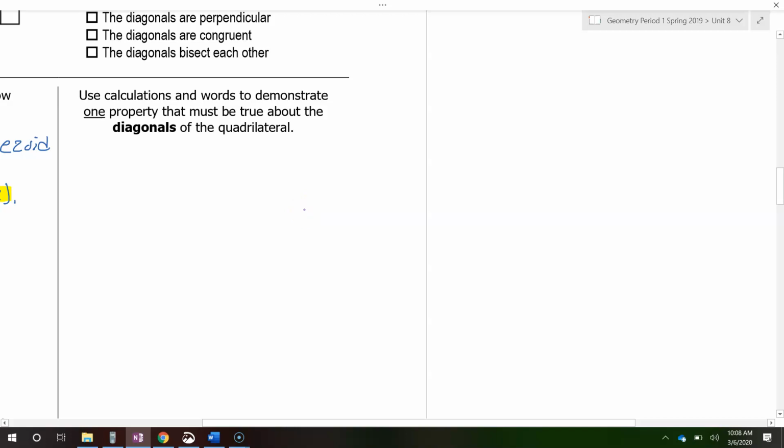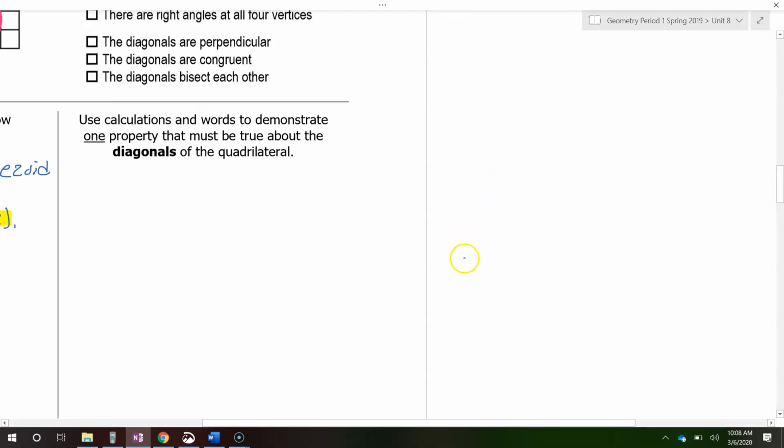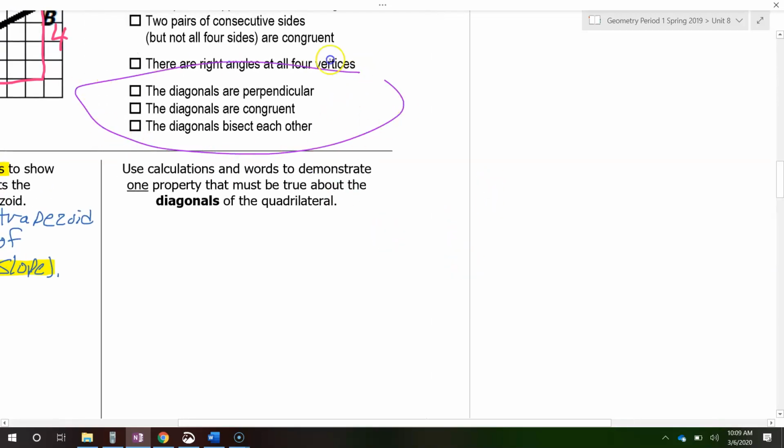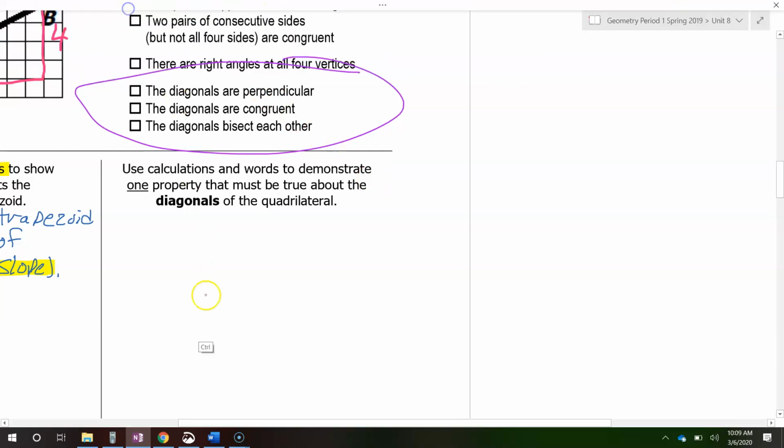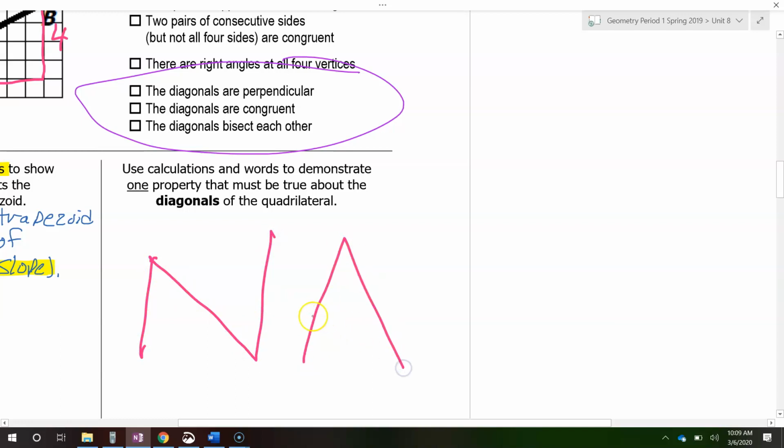Why is this a head scratcher? There are no properties. We didn't check off a single one. So this one is not applicable. Let's put a giant NA on this one. It doesn't apply to this particular problem. This will be the one shape where you can't do anything with the diagonals.